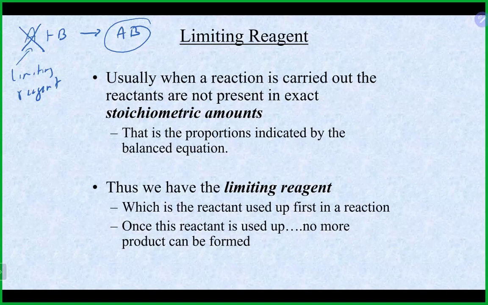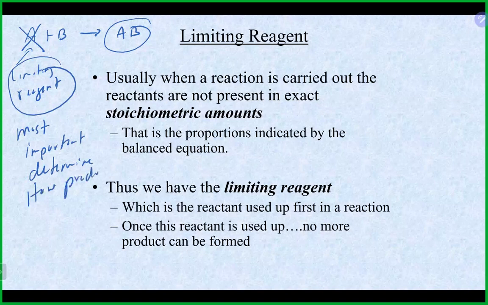So when we run out of our limiting reagent, there's no chance that you're going to be able to make any more product. So the limiting reagent is always the most important because it will determine how much product you will produce.